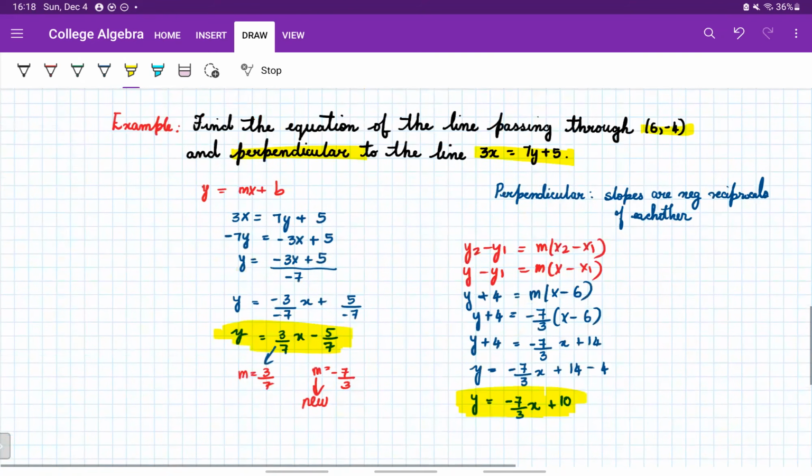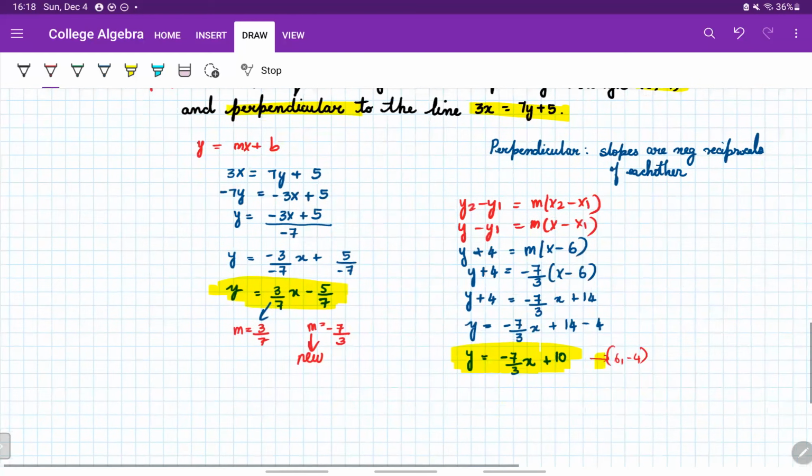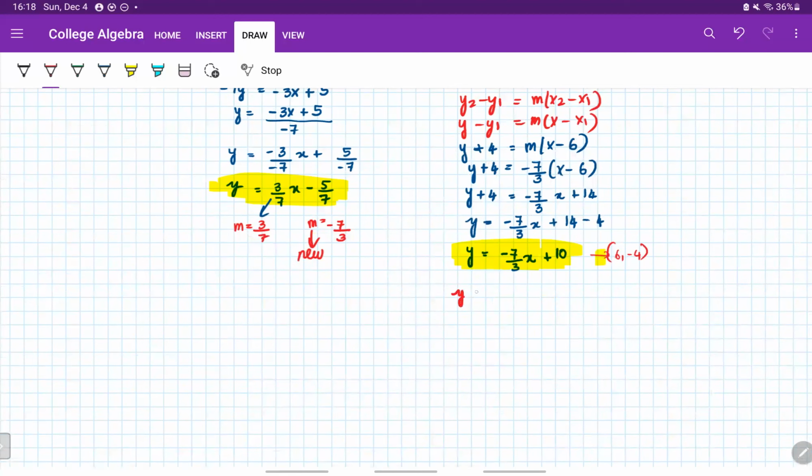So we have to plug in (6, -4). So what would you get? Y = -7/3 x + 10. Instead of y, we have -4. And here we have x as 6 divided by 3 plus 10, which gives us -7 times 2 plus 10.